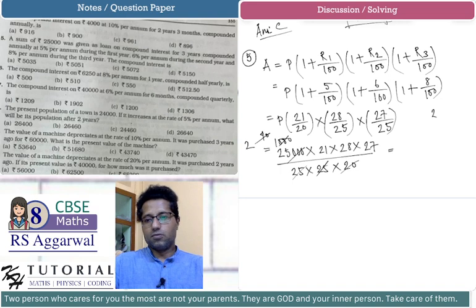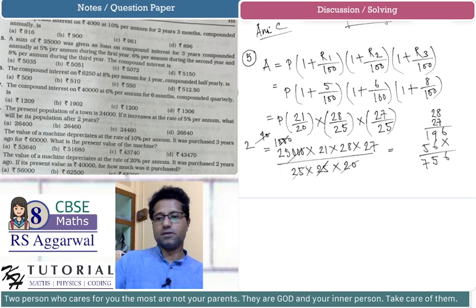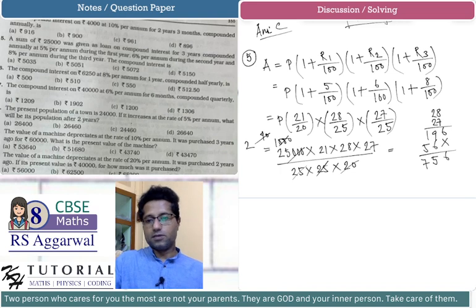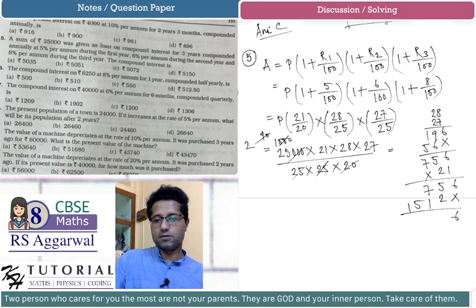Okay, so 28 multiplied by 27 is 756, and 756 multiplied by 21 is 15,876.